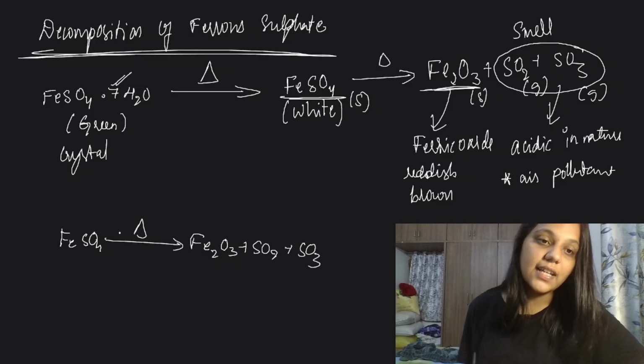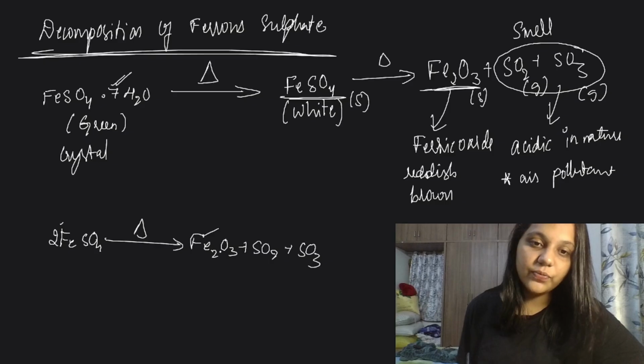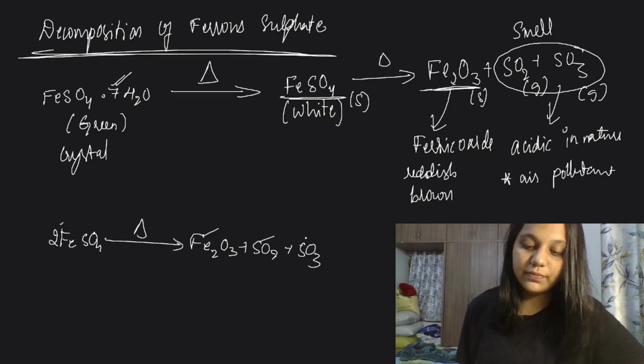To balance this reaction, here the two molecules of Fe2 is there, so I'll write here 2, and you can see other things also, everything is balanced, like for example iron, here it is 2, here it is 2, oxygen 2 into 4 which is 8, so 1 2 3 4 5 6 7 8 है ना, and there are 2 sulfur, here also 2 sulfur, and it is a very balanced equation.